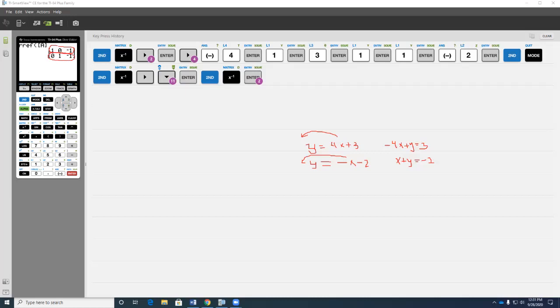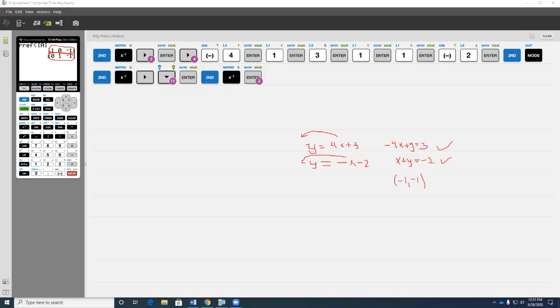That means these two lines, if you graph these or solve by substitution, or if you use the matrix here, intersect at negative 1, negative 1. So this is how you would solve a system of equations using a matrix on the TI-84.